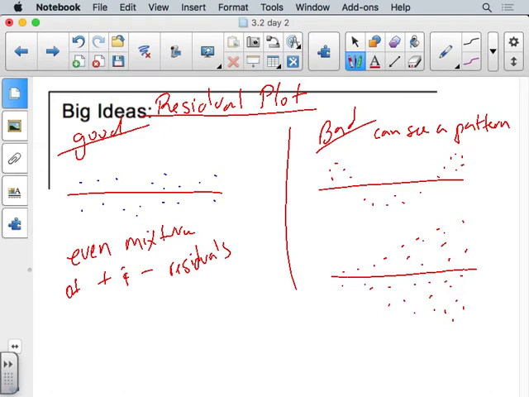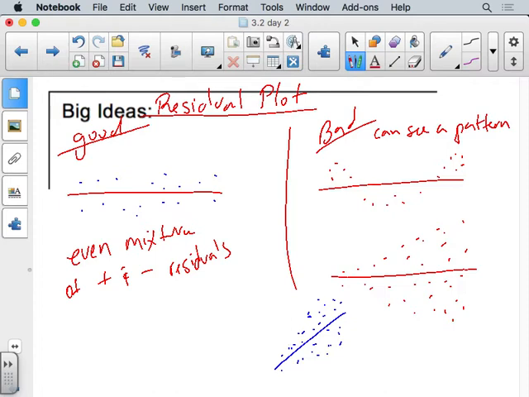Let me try to make a scatter plot from that. Let's say I had a positive, I would have some here, and the graph would look something like this.